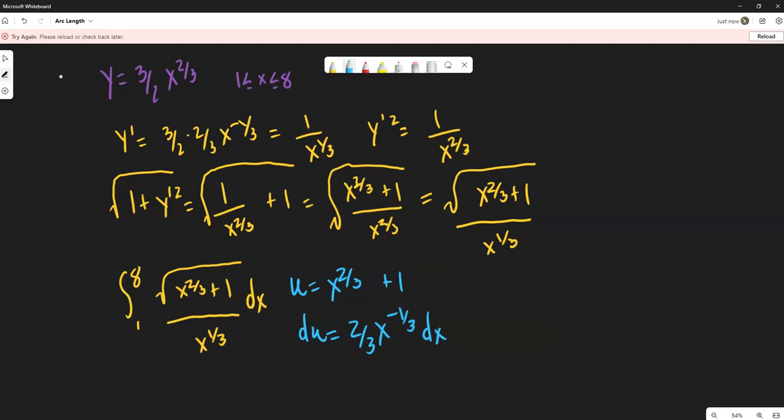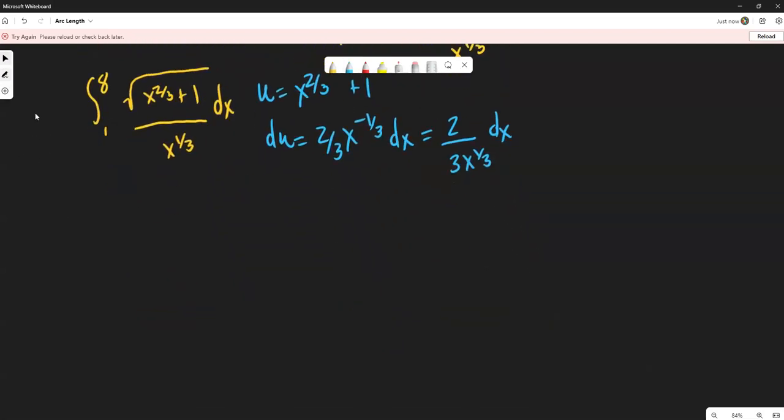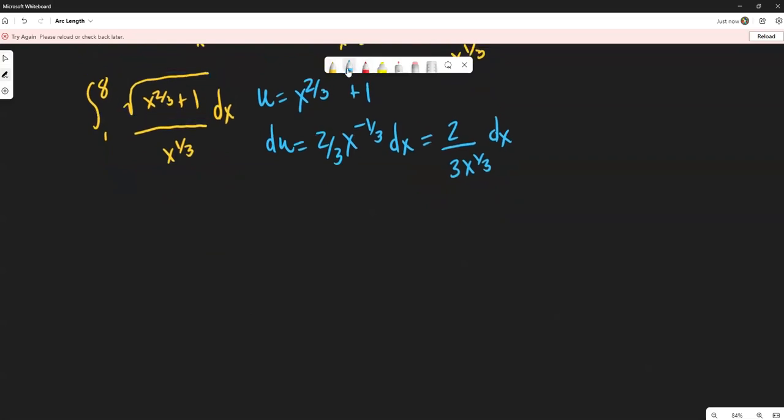Now, notice that this is exactly what we have in the denominator, x to the 1/3, because if we rewrite it, we have 2 over 3x to the 1/3 dx. In any case, that tells us that all we need to do is multiply by 3/2.